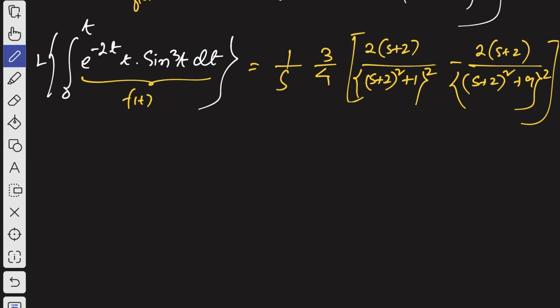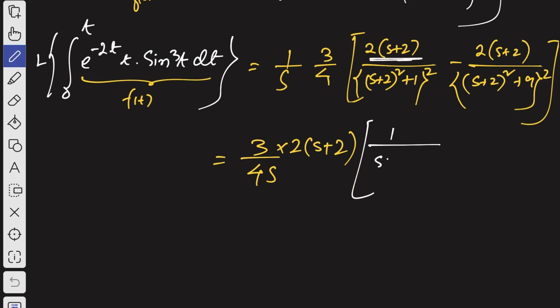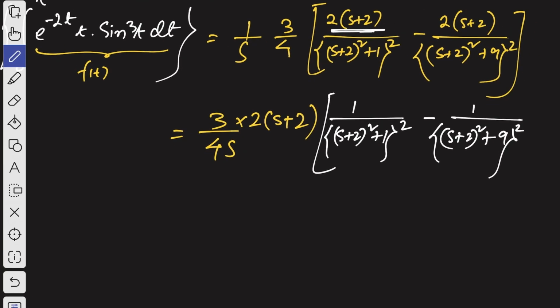If you simplify this, what will you get? 3 by 4 s, you can take 2 s plus 2 common. If you take 2 s plus 2 common, then you will get 1 by s plus 2 whole square plus 1, then whole square, minus 1 by s plus 2 whole square plus 9 again whole square, bracket closed. Here this 2 cancels 4, you will get 2 here.